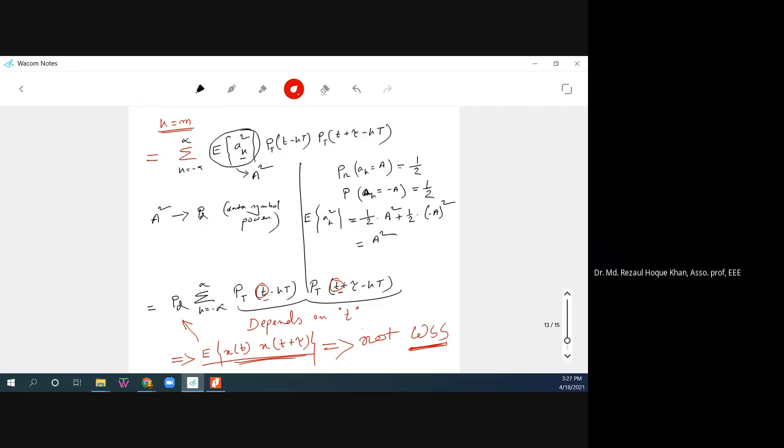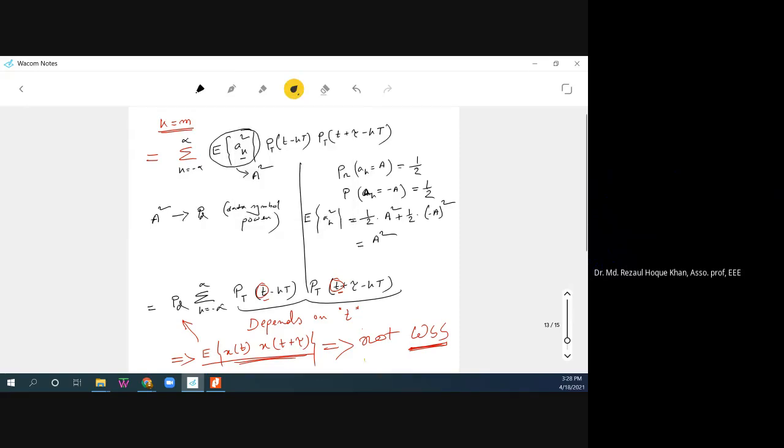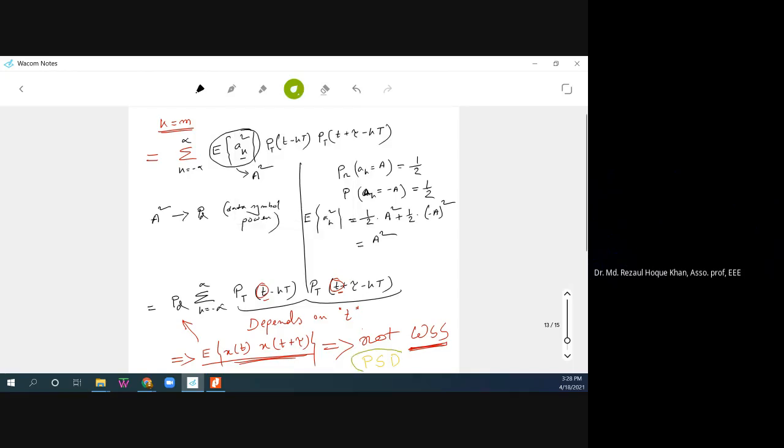If it's not a wide sense stationary process, we cannot find the power spectral density of this signal, because the power spectral density depends on the autocorrelation of this signal.